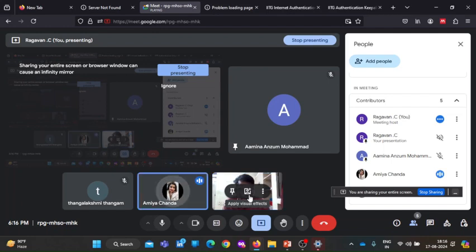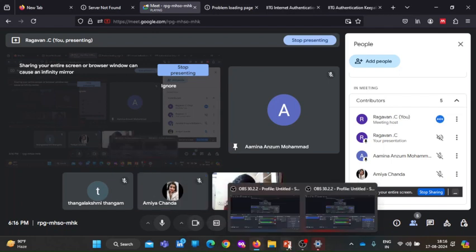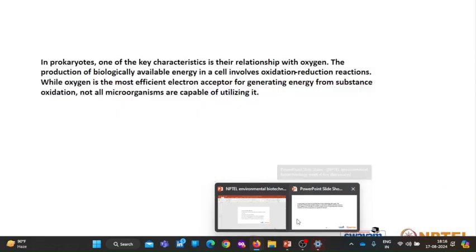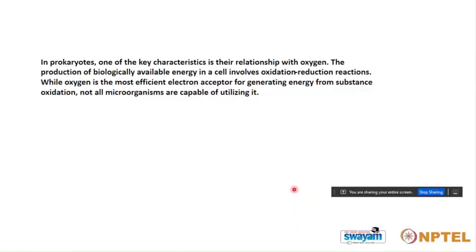It helps microorganisms to grow and reproduce. Yeah, specifically in which way? If we talk about metabolism, what is the role of oxygen?